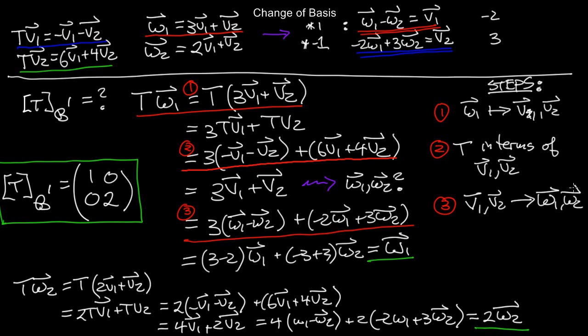Now, this first step, converting the W's to the V's, is from the set of equations here up on the top, which I'll label 1. And writing down T in terms of the V's is this first set of equations, and writing the V's in terms of the W's is this third set. So each of the 3 steps corresponds to one of these sets of equations up here. And that's basically a hint to how this is going to be sped up in terms of matrices.